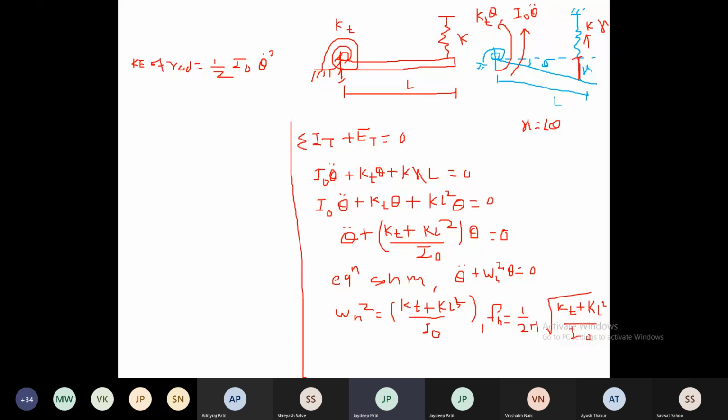Next, potential energy of spring, or you can say torsional spring. I'll write here T spring. What will come here? How do we find potential energy? 1/2 kT x square.